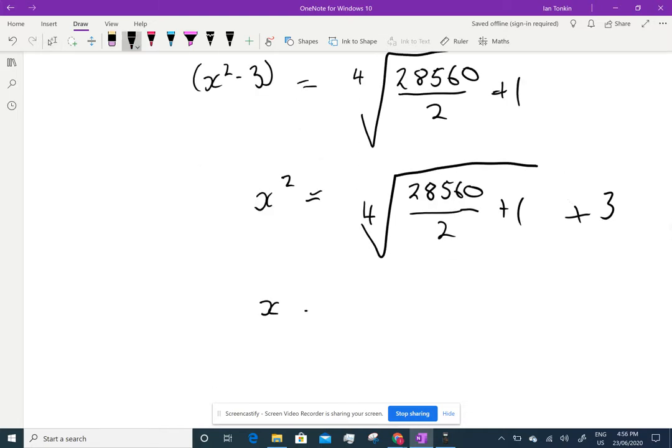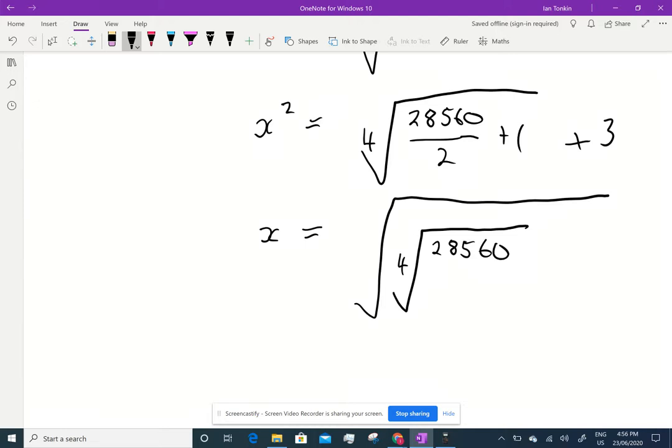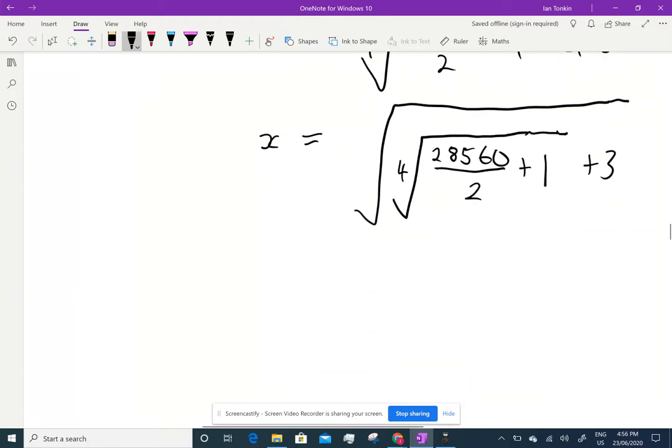Now I have to square root everything. So the square root of the fourth root of 28560 over 2 plus 1, plus 3. Realise that 3 is under that radical sign there. Now it's just calculator work.